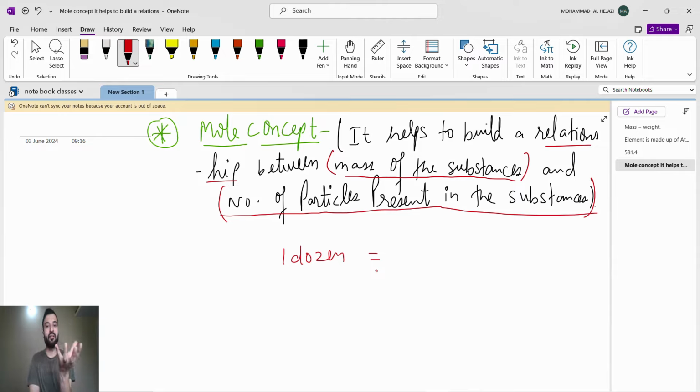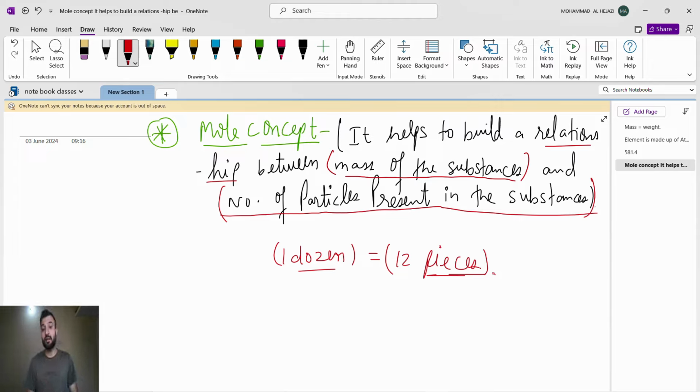If I tell you 1 dozen of anything, 1 dozen of banana, 1 dozen of apple, you will directly say 1 dozen means 12 pieces.